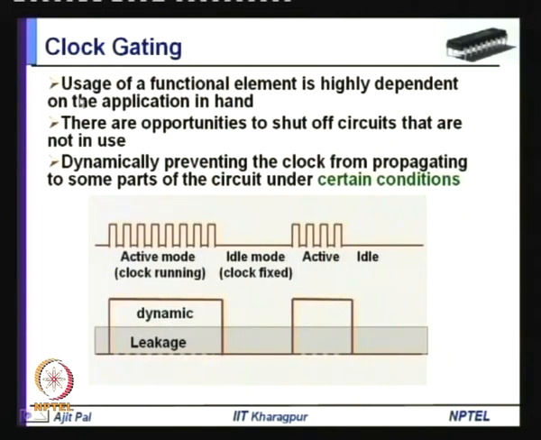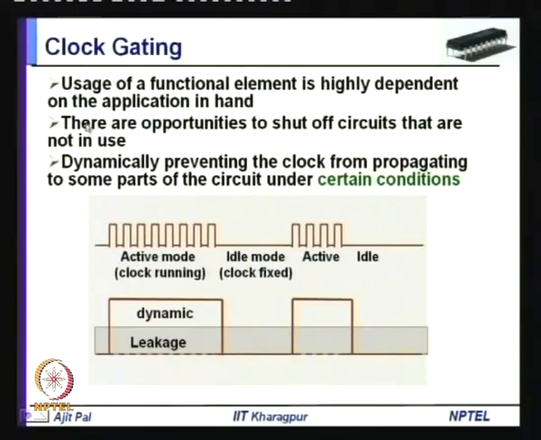Another very important observation is that the usage of a functional element is highly dependent on the application in mind. That means a particular function implemented in hardware, when it will be used and how it will be used, depends on the application.